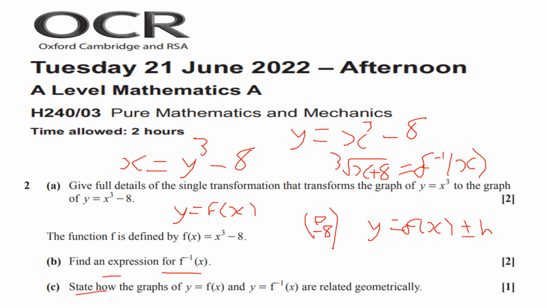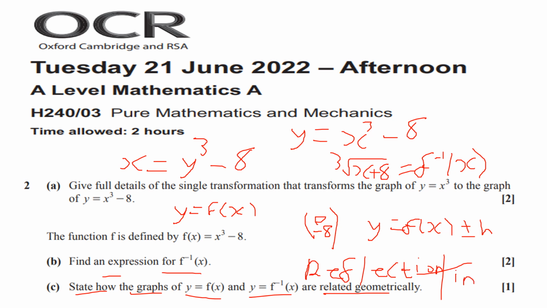Part C: state how the graphs of y equals f of x and y equals f to the minus 1 of x are related geometrically. So they're actually a reflection in the line y equals x. The reason is because you're swapping the domain and range around for each function.